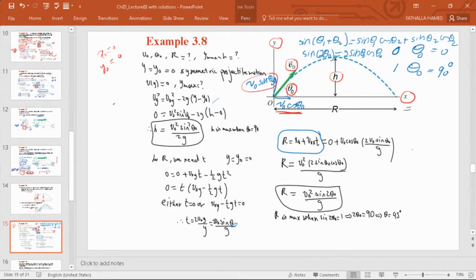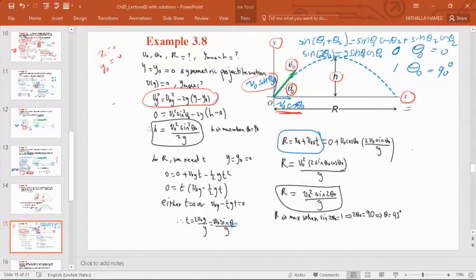We want to get to the maximum height. And we dealt with that in one-dimensional free fall. So we look at vy squared equal to v0y squared minus 2g times y minus y0. Now, at maximum height, y will equal h. And of course, your y0 is equal to 0.